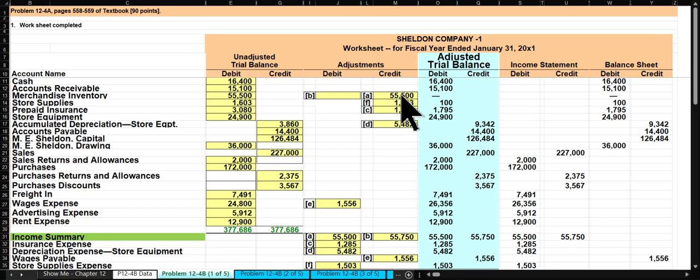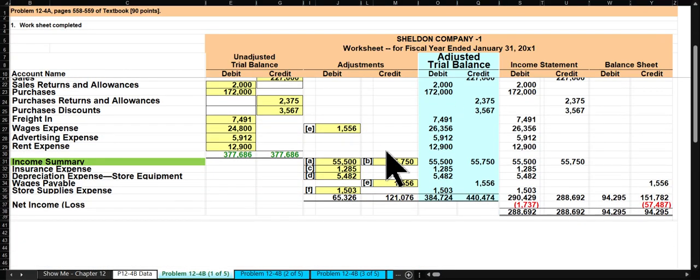So my credit is going to be to the inventory account, and then my corresponding debit is to a special temporary account called income summary. This account has one purpose, and that is to facilitate the closing of the temporary accounts.